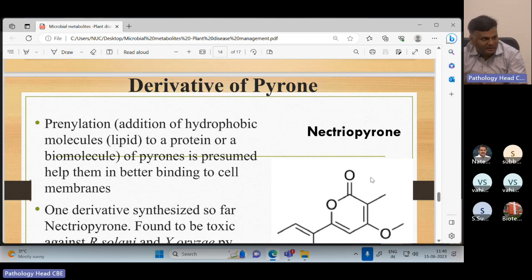We have to keep on further refining the process of how the aeroplanes fly. You know, the bombers are different, the passenger jets are different, the cruisers are different. Like that, here also we got the structure of a particular compound which is very good in its bioefficacy. Then we can derive so many derivatives of it.